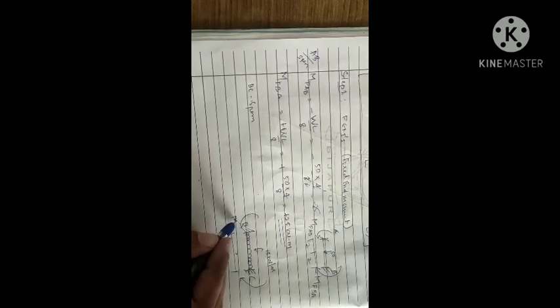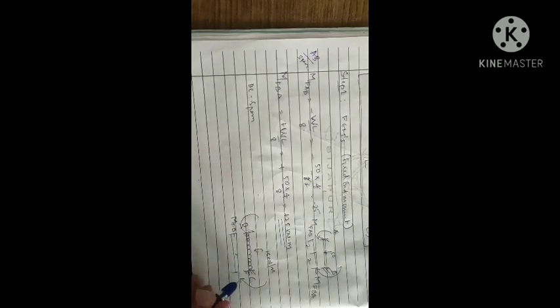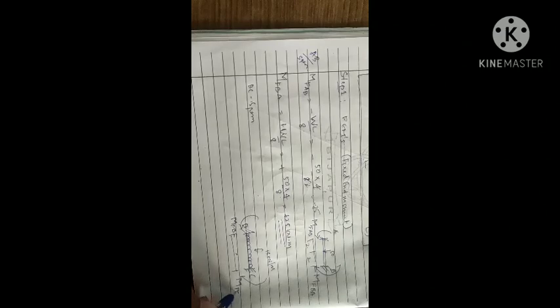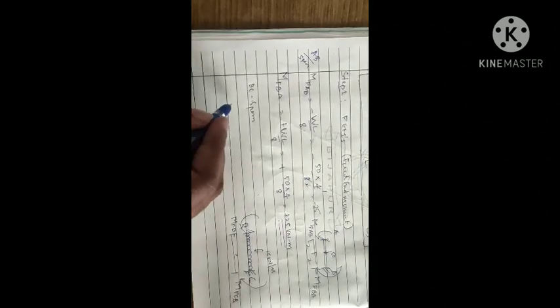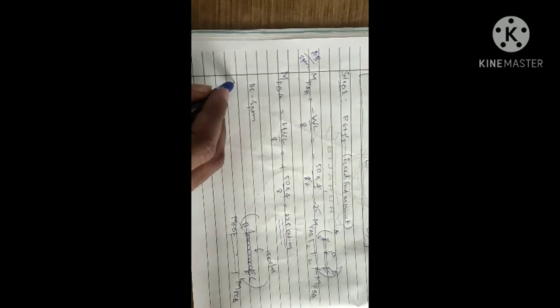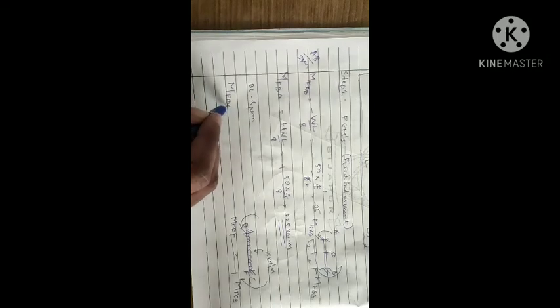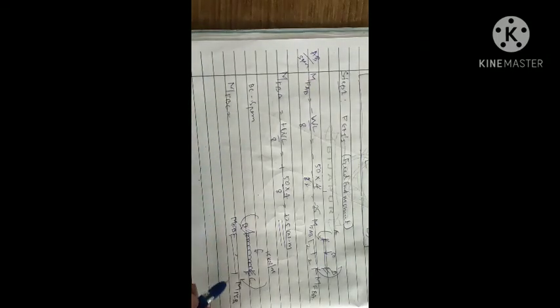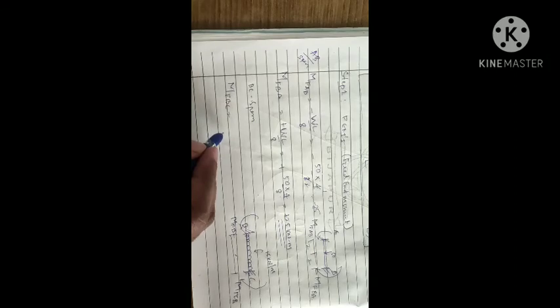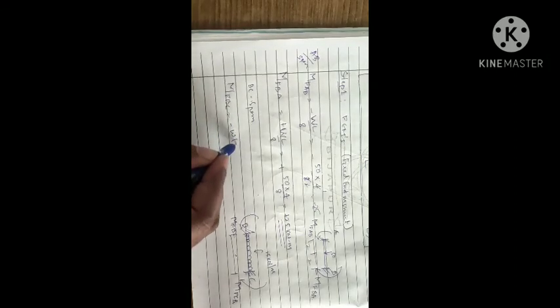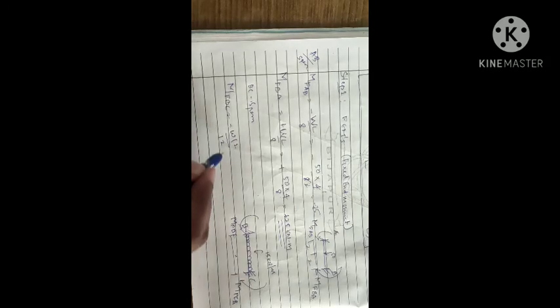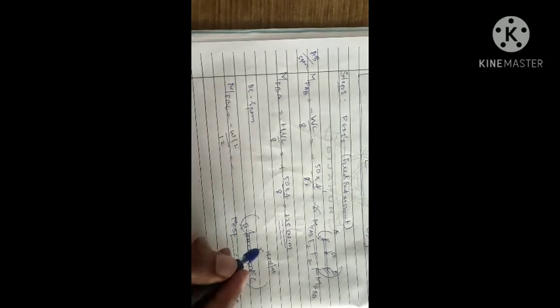So this becomes MFBC and MFCB. For MFBC, when the UDL is acting, the formula is minus WL square by 12. Minus W is how much? 15.